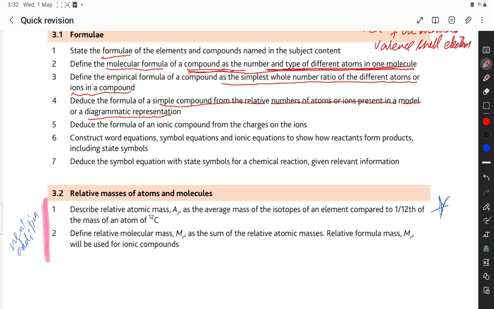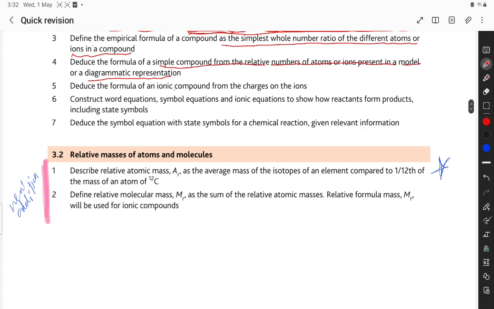Please follow these definitions. Deduce the formula of an ionic compound from the charges on the ions. For example, magnesium nitride. Look at here, this is an ionic compound because one is a metal, the other is a non-metal.